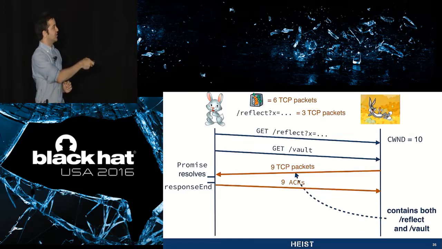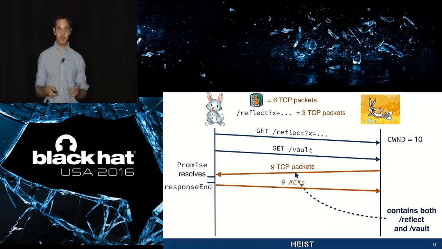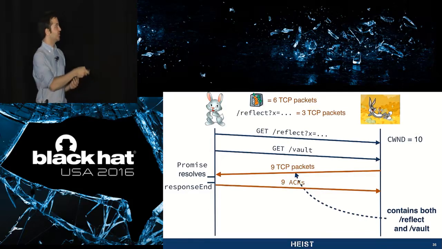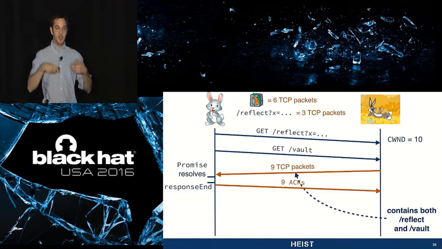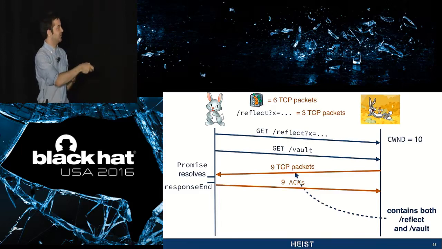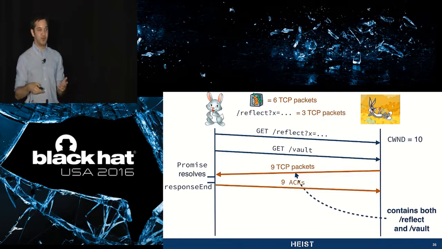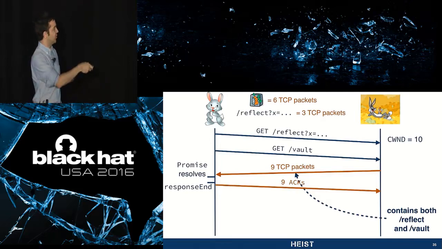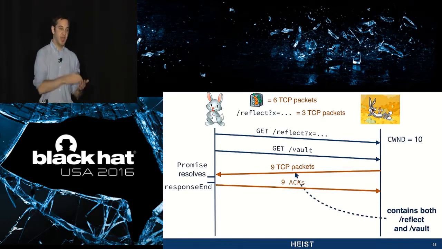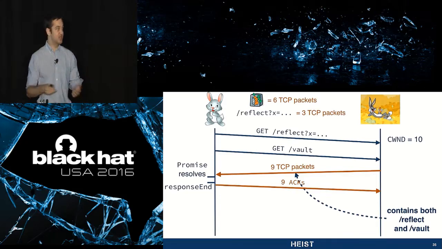Now, when the request for the Reflect resource arrives at the server, it is going to reply with this resource, so that's 3 TCP packets that are already sent here. And immediately after that, it's going to receive the request for the vault and is going to reply with the 6 TCP packets of the vault. So in total, we have 3 plus 6 TCP packets, so we have 9 TCP packets that are sent almost at once.